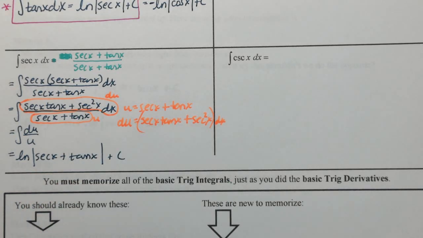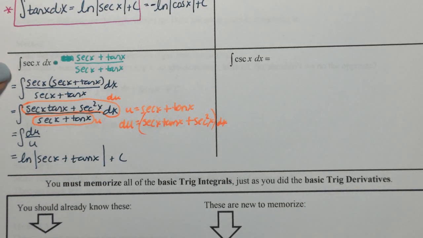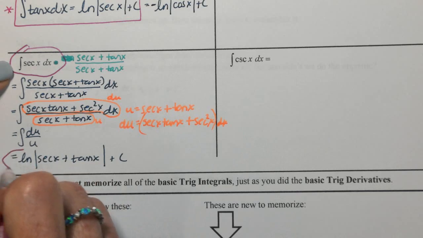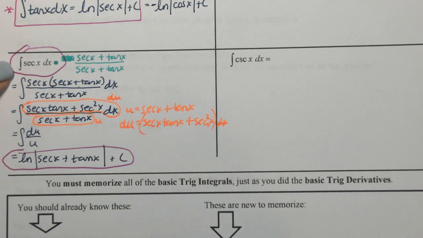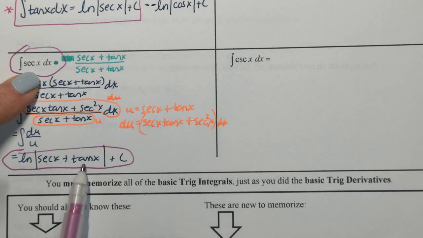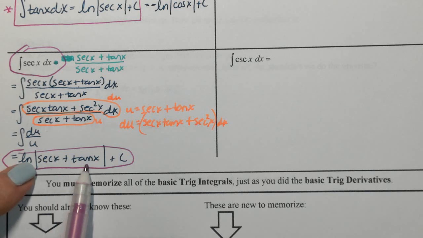So notice something about this. We were finding the antiderivative of secant x, right? And we found out it was equal to this. Is secant happy? Absolutely it is, because secant is self-centered and it comes first, and then its friend comes along. So secant x plus tangent x in the ln.